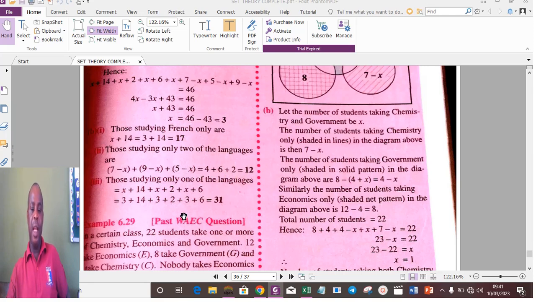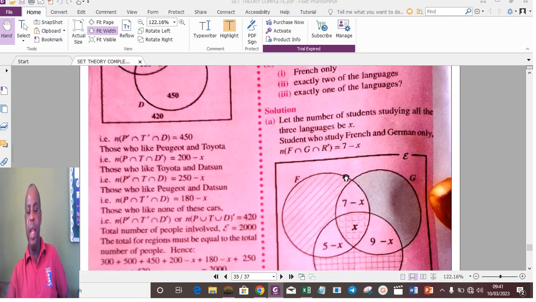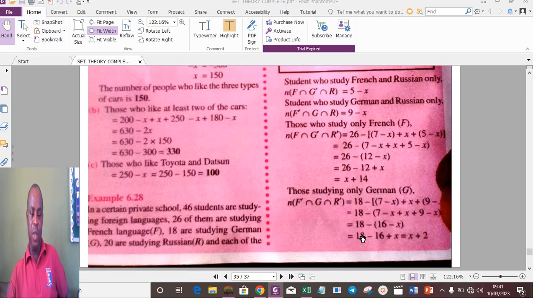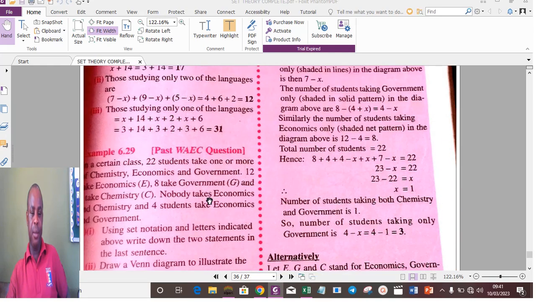And then the last one, those studying only one of the subjects, that means French only, German only, and Russian only. That is s plus 14, then s plus 2, s plus 6. How do we get this?